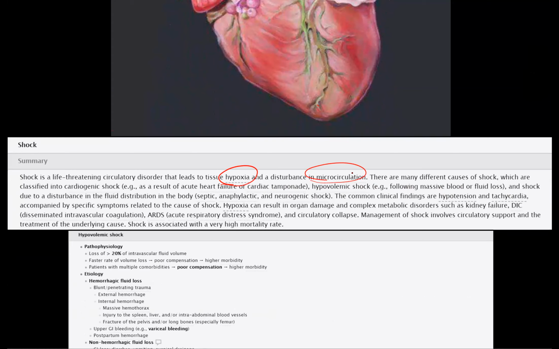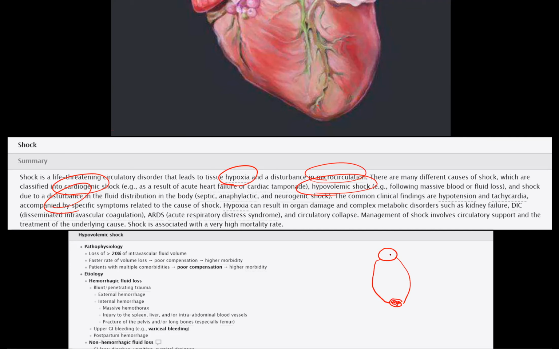And there are many causes of shock, like cardiogenic shock as a result of acute heart failure or cardiac tamponade or whatever, hypovolemic shock, massive blood loss, and distributive shock. So types of shock, we have here the heart and here the capillaries.